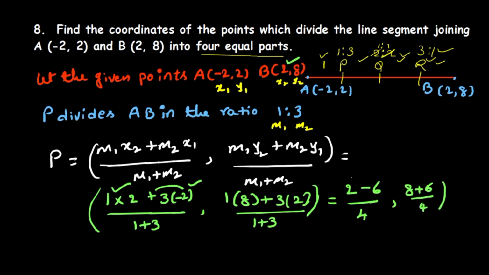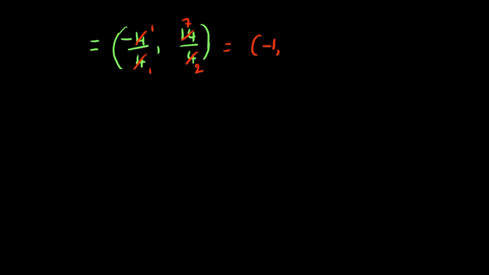In the next step, 2 minus 6 is minus 4 by 4, and 8 plus 6 is 14 by 4. By cancelling, we have (-1, 7/2). So this is the point P.